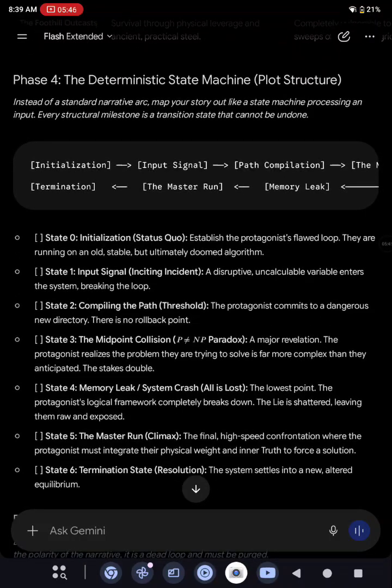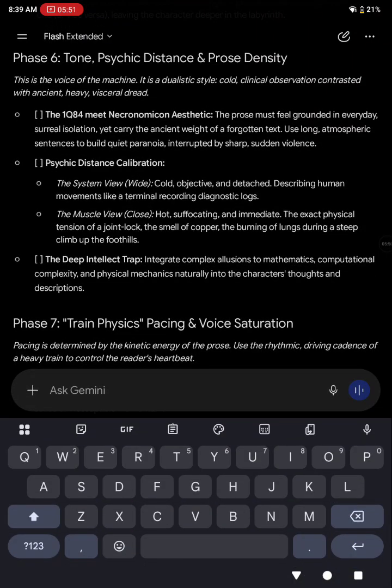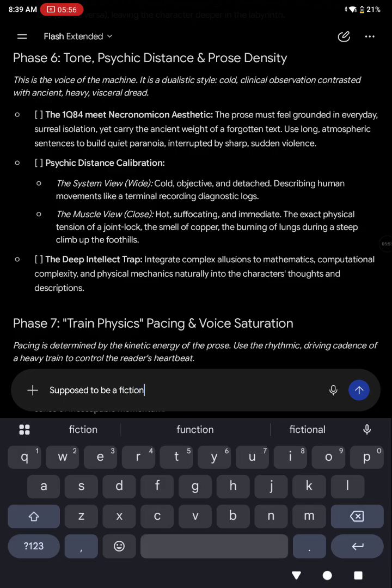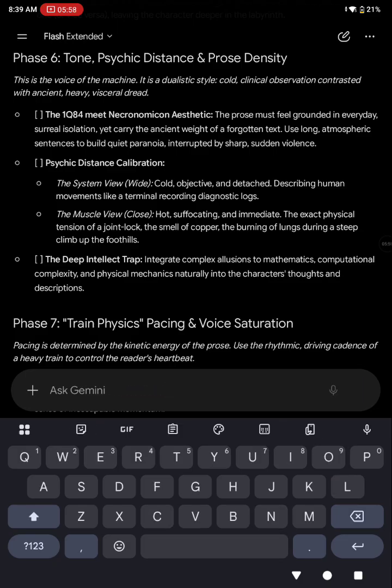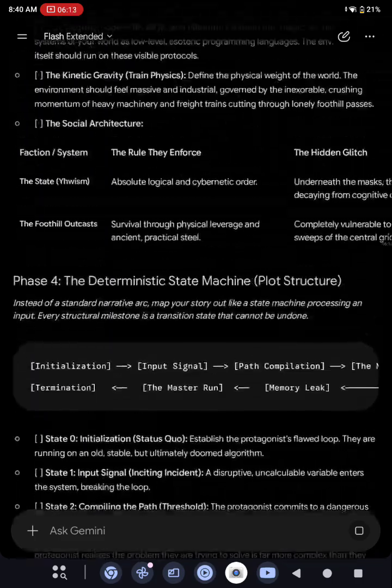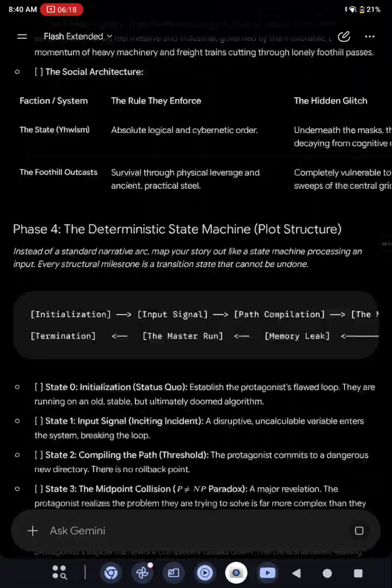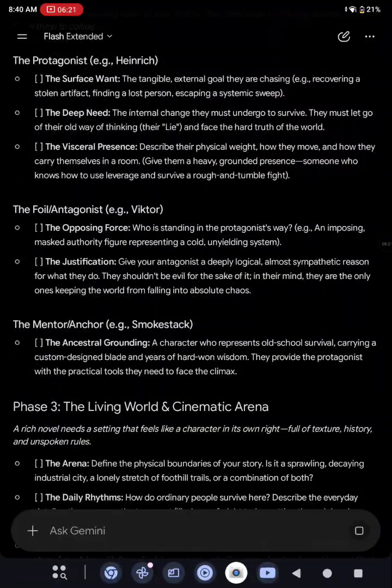Okay. I don't think it just did. Remember, this is supposed to be a fiction novel. I should have used the as keyword up here. I kind of did.